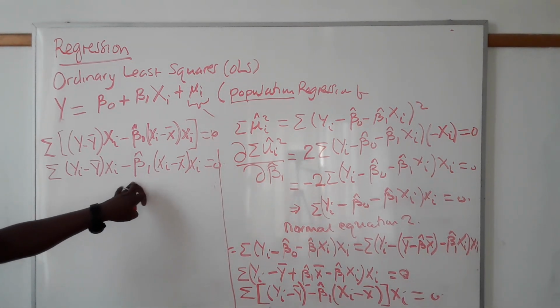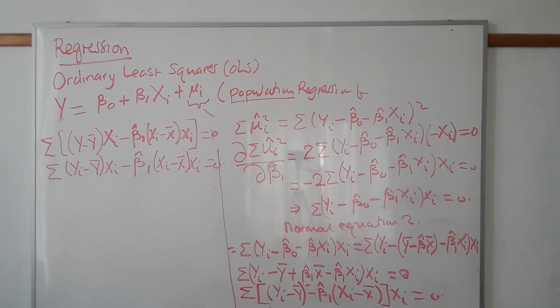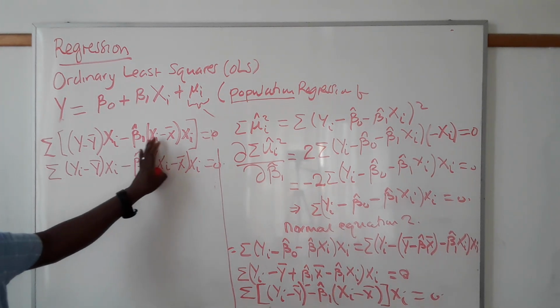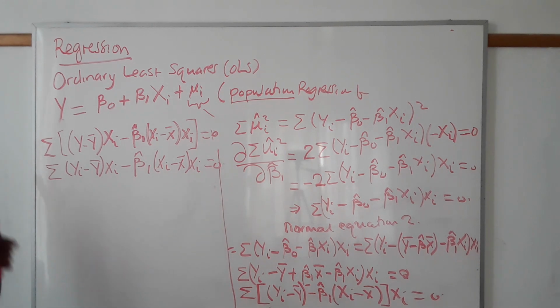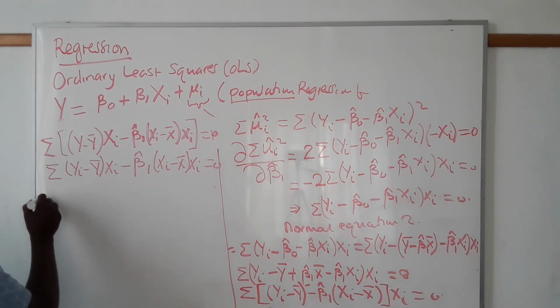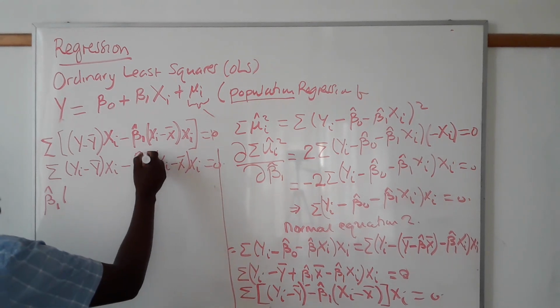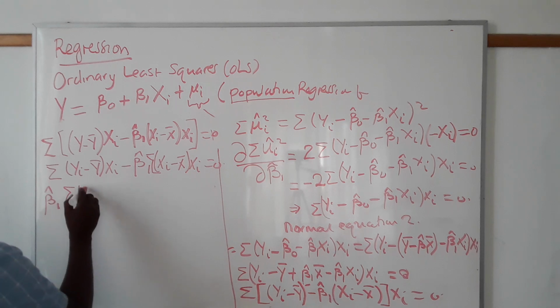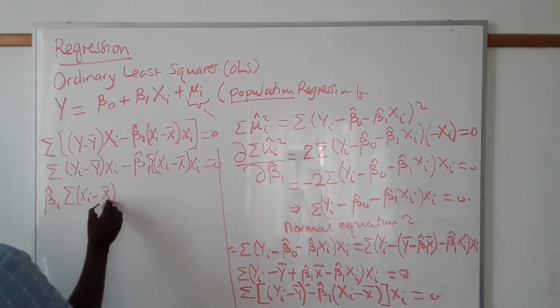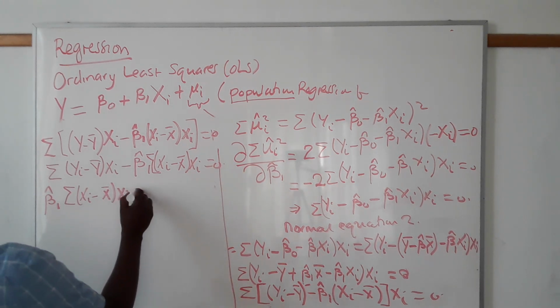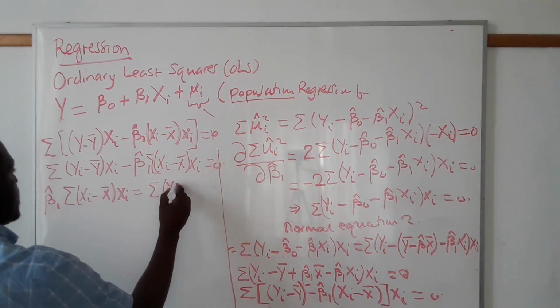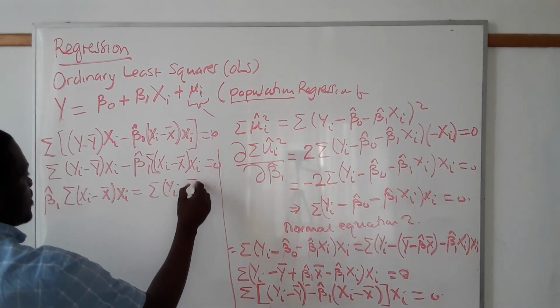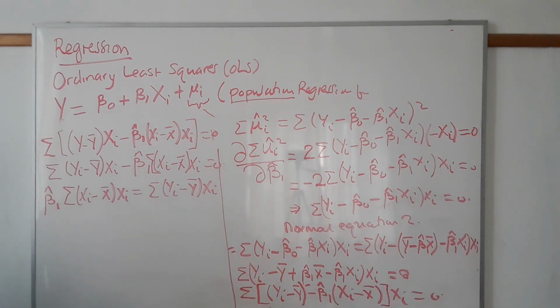We want to find a formula for beta hat 1, so everything here that is beta hat 1 must go to the other side of the equation. Starting to write that, I have beta hat 1 times the sum of xi minus x bar by xi, equal to the sum of yi minus y bar by xi.